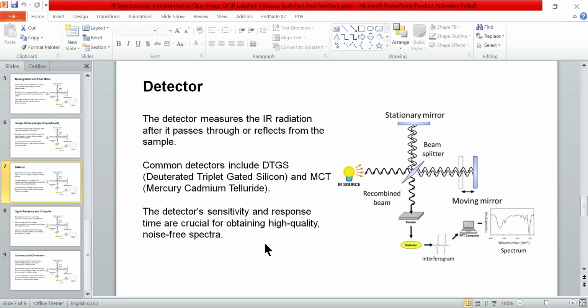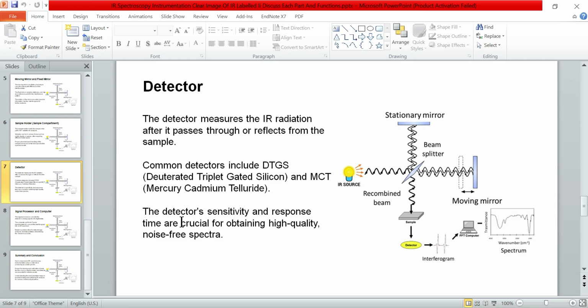When we can handle the detector effectively, then I think we can easily get a high quality spectrum, a high quality result. Here it's mentioned that the detector sensitivity and response time are crucial.